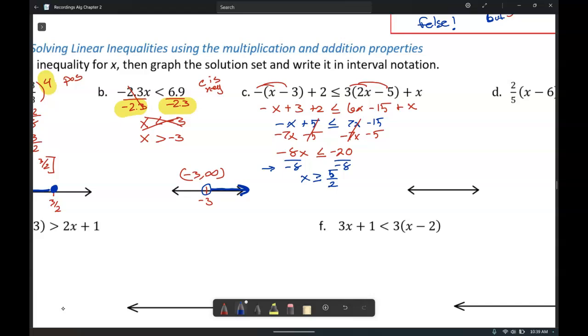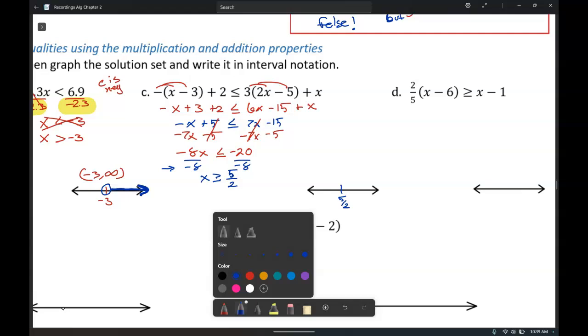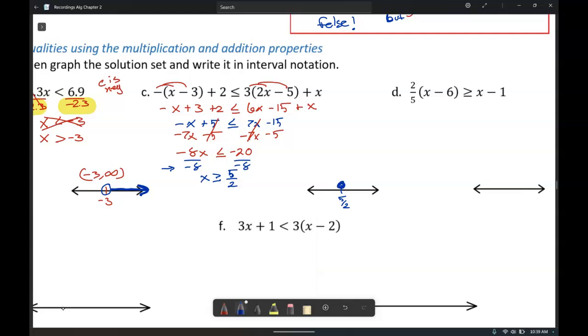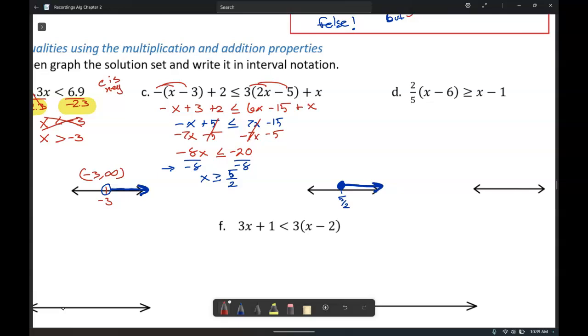So we have 5/2. We can go ahead and graph that. 5 halves, which is 2.5. We're going to have a closed circle shaded to the right. Interval notation will be 5 halves with a bracket to infinity.